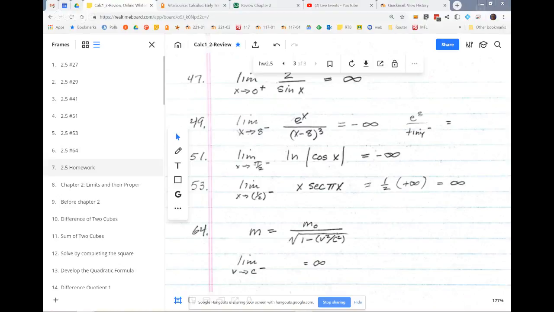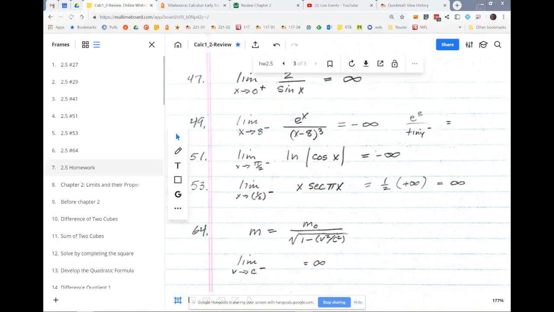So because there's no zero on the bottom, I know it's really tiny, but it's not going to be zero, so you don't have to worry about a discontinuity. Only if you can factor something out and cancel it is when a hole occurs.